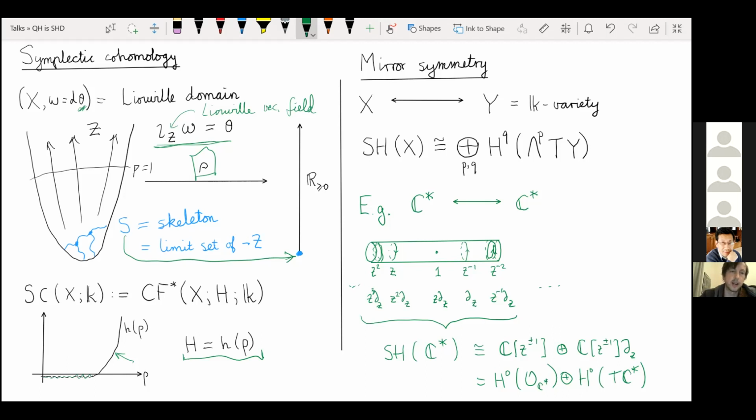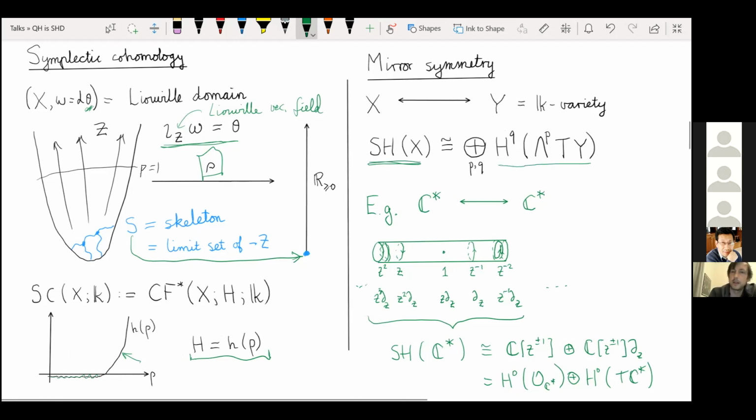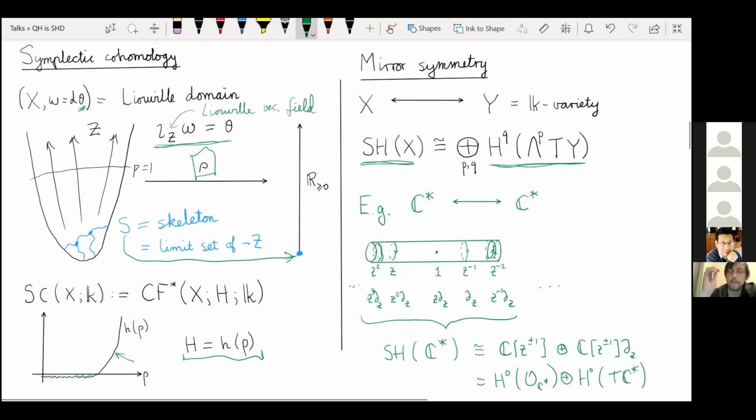So this is the kind of thing that you can define this symplectic cohomology for. Typically the mirror to X may be some variety Y, and mirror symmetry predicts that the symplectic cohomology of X should be isomorphic to this polyvector field cohomology of Y.